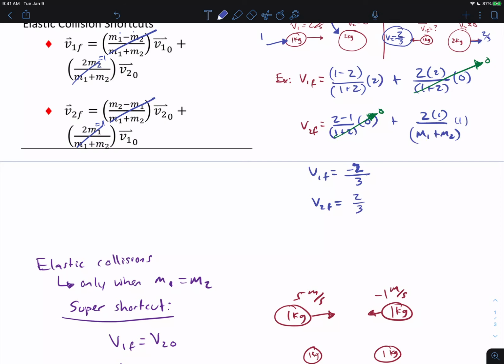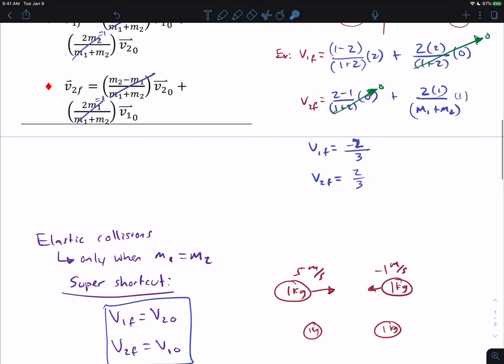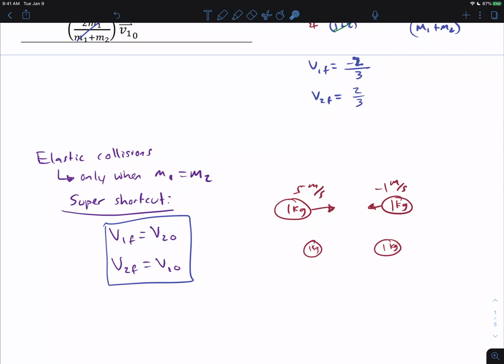Pretty nice the way this shakes out. What you get is just this right here: my final velocity of 1 is my initial velocity of 2, and my final velocity of 2 is my initial velocity of 1. So what is this saying in simple terms?